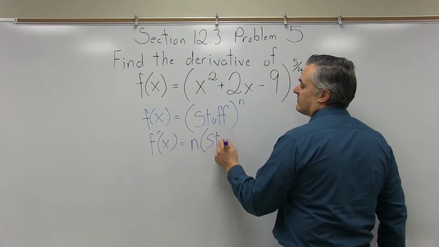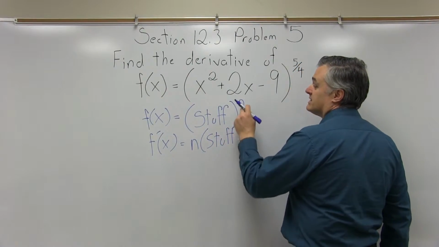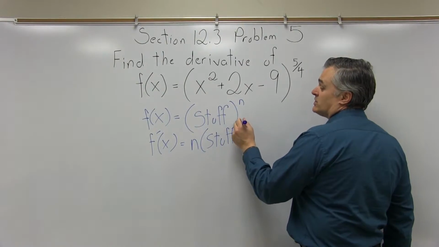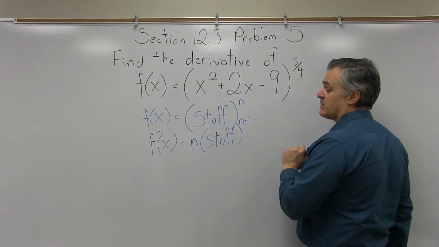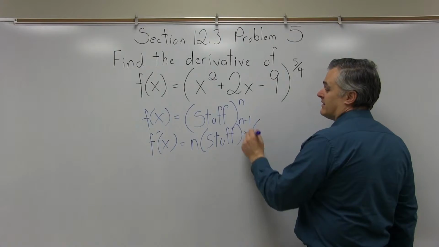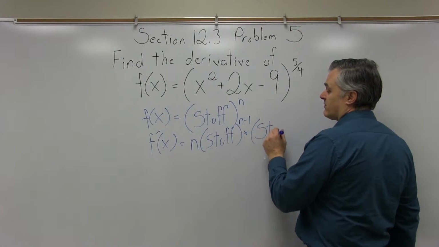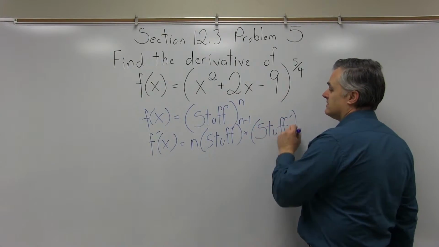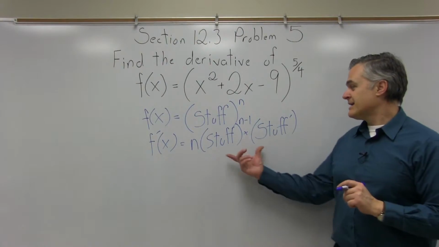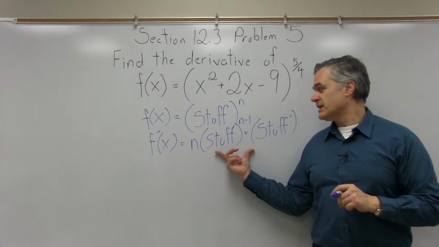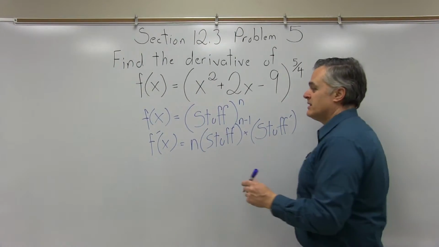You can leave the stuff the way it is, close the parentheses, have a new exponent, which is 1 less than the previous exponent, n minus 1, times the derivative of the stuff, which I write as stuff prime. So that's the derivative formula that we're going to fill in. Again, it's called a chain rule.